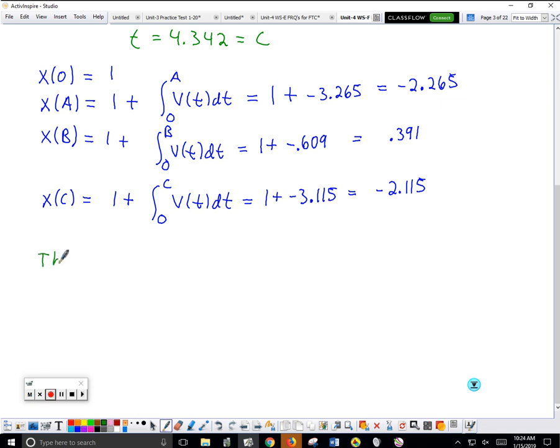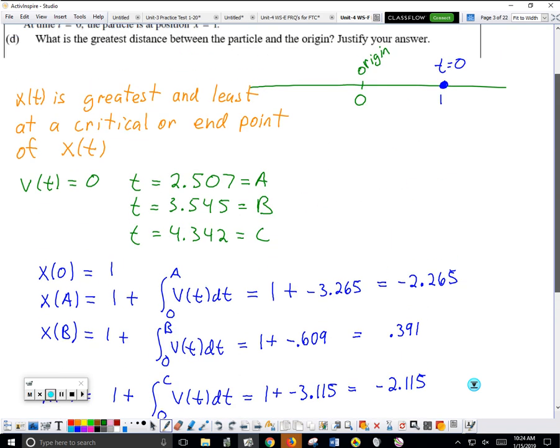The particle, actually we just say x of t. So x of t is, actually they said, what's the greatest, so I have to say this. How do they ask it?